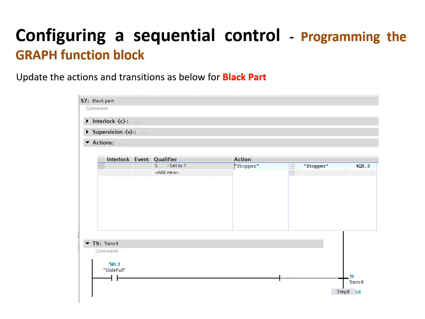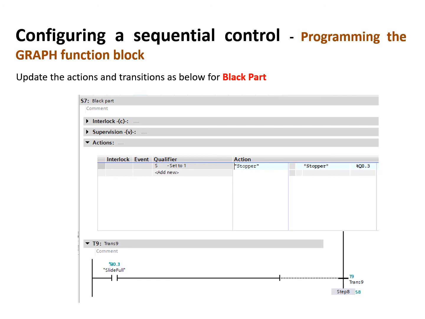Finally, update the action and transition as below for the black part. For that one, we just need to set the stopper to 0. We don't need to move shunts. When we say stopper to 0, it means that the stopper is retracted, that the stopper is releasing the part to move forward.